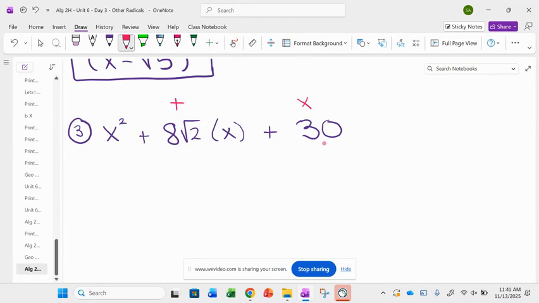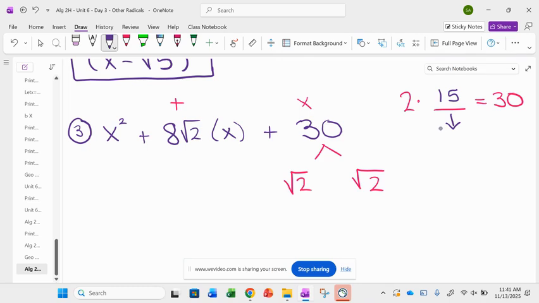If I'm going to add to a positive 8 root 2, do we agree that both my factors have to have a root 2 in them? Okay, well then I have root 2 times root 2 is what? 2. So then 2 times some number has to give me 30. 2 times what gives me 30? 15. So this 15 is going to be the product of the coefficients.